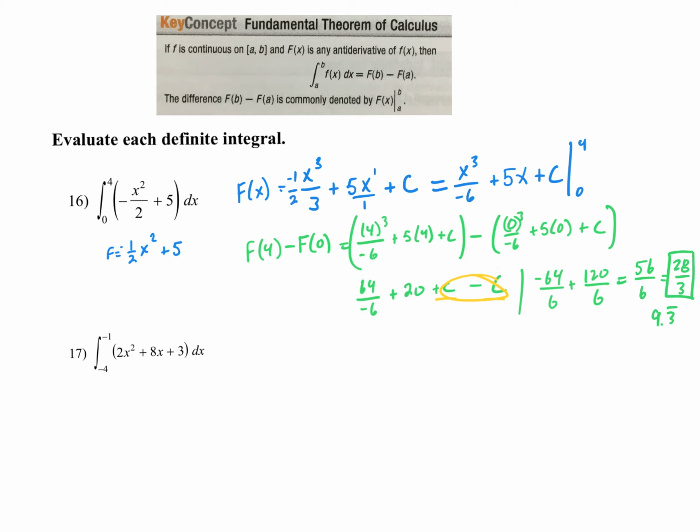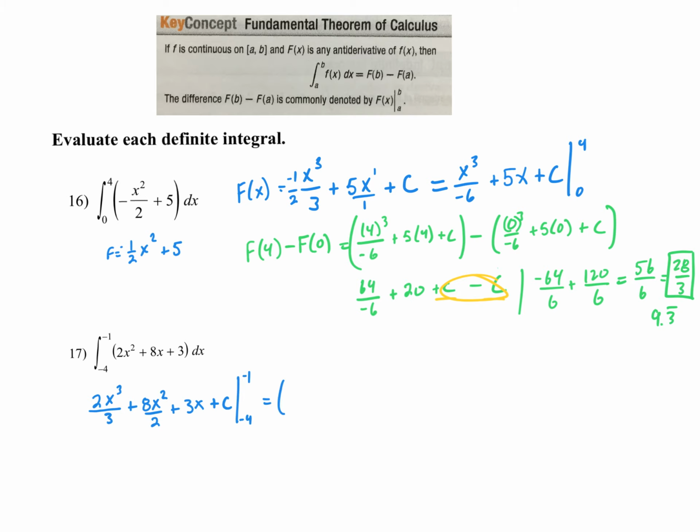Let's do one more of those so we can get the hang of that a little bit better. So again, we're going to integrate each of these. So it's going to be 2 times x cubed over 3 plus 8x squared over 2 plus 3x to the first over 1 plus some c evaluated from -4 up to -1.